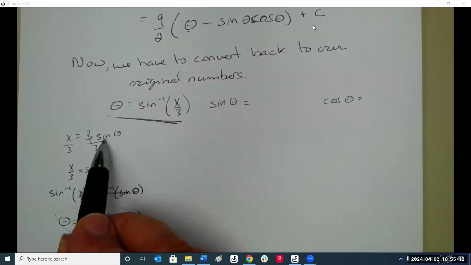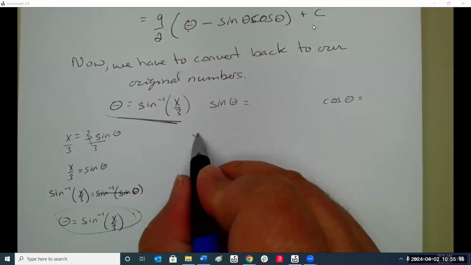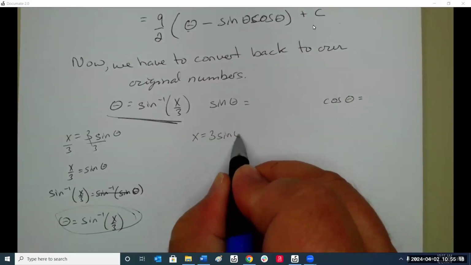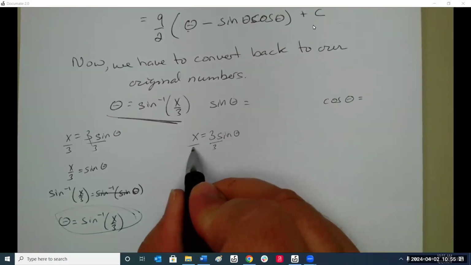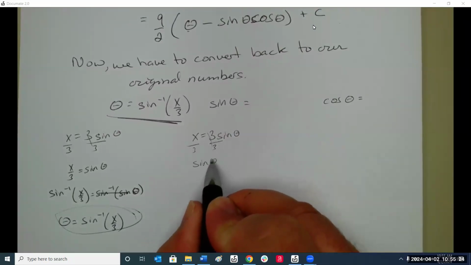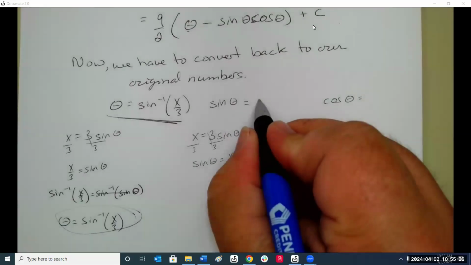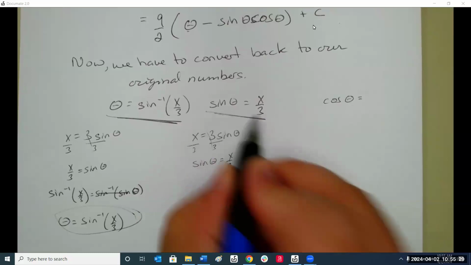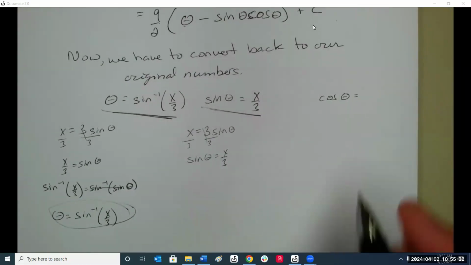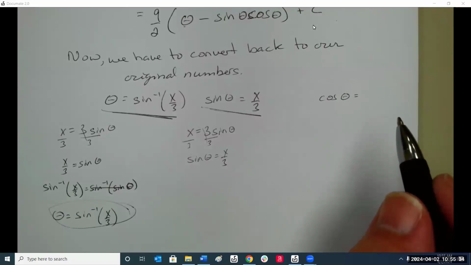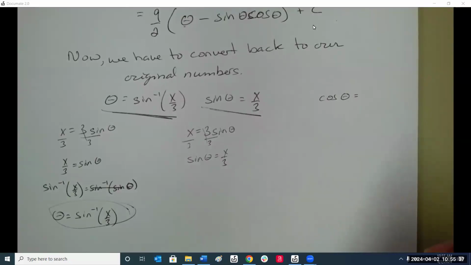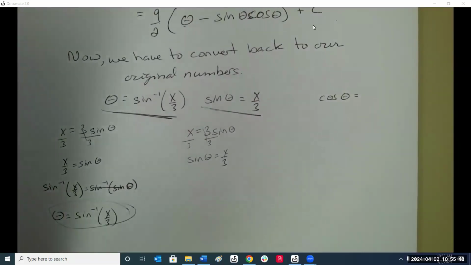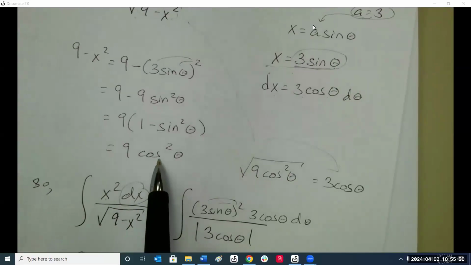And sine theta is simply x over 3. And cosine, cosine squared.